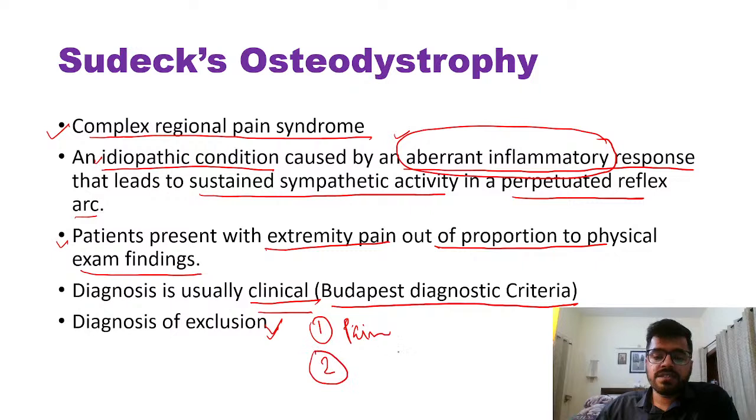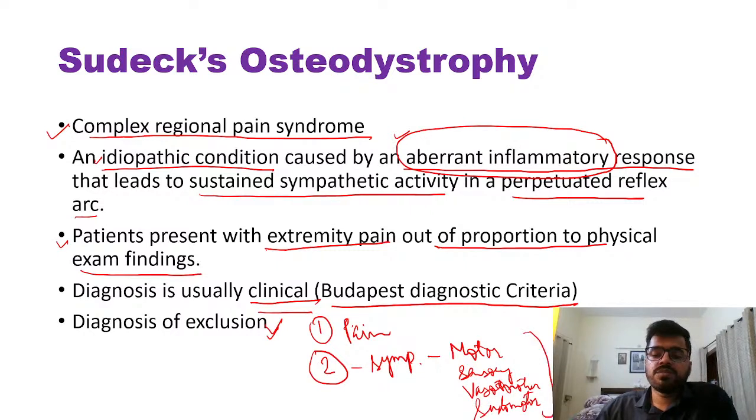Then the second thing is we have some symptoms out of these: motor, sensory, vasomotor, and pseudomotor. So at least 3 symptoms out of these 4 should be present. That is Budapest criteria.